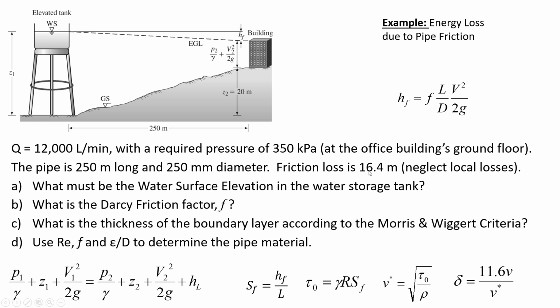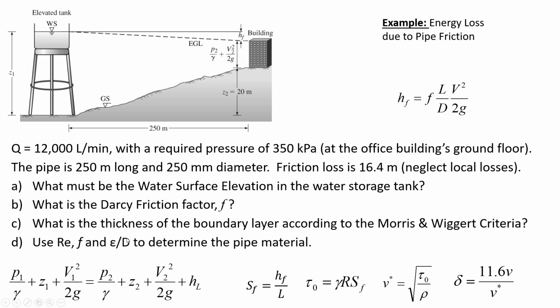They're saying it's 16.4 meters is the given friction loss. So we're going to try and find out what the water surface elevation is, what the friction factor would be that applies in this case, what the thickness of the boundary layer is, and we're going to determine the pipe material with the given data that we've got.